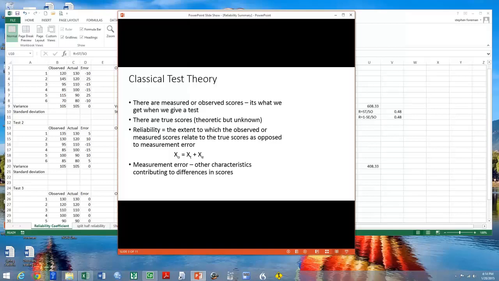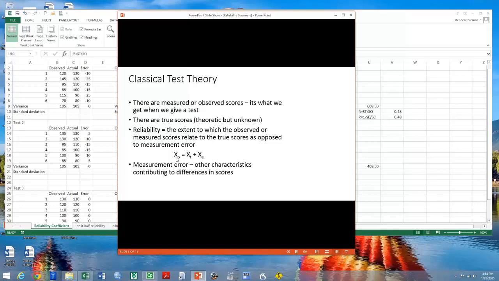So we have two parts of the observed score that contribute to what we finally see, and that is the true or theoretic score that if we could have measured accurately we'd have seen. But then also we've got measurement error. We've got some characteristics that give us the score that we get that really don't relate to the true ability of the student.